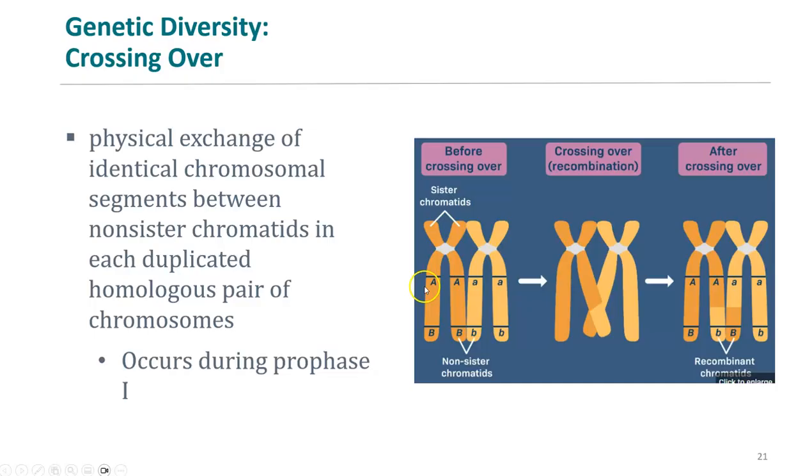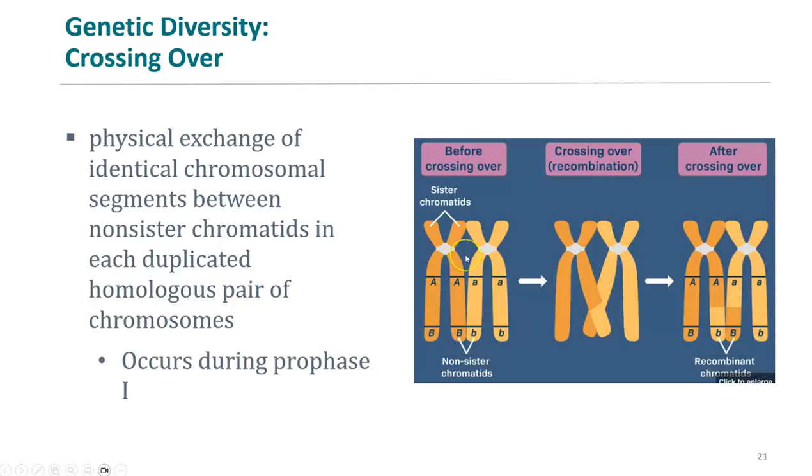We said this could be a gene for eye color, and maybe that gene encodes the information on how to make brown eyes. Well, this one over here is still the gene for eye color in that location on the chromosome, but it could be how to produce blue pigmentation for blue eyes. So there's a slight difference that can occur that you could inherit from each of your parents.